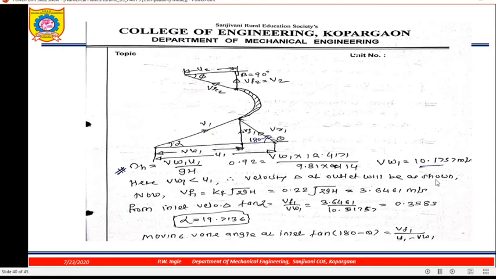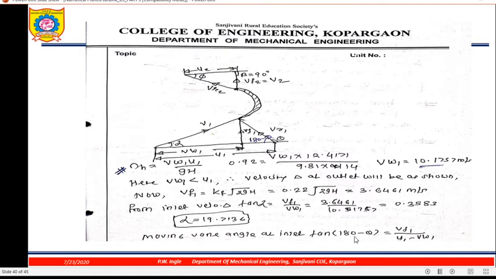So velocity triangle at outlet will be shown as in figure. Vf1 is Kf under root 2gH. Then from inlet velocity angle, tan alpha is Vf1 upon Vw1. You will get alpha angle. Now the moving vane angle at inlet.